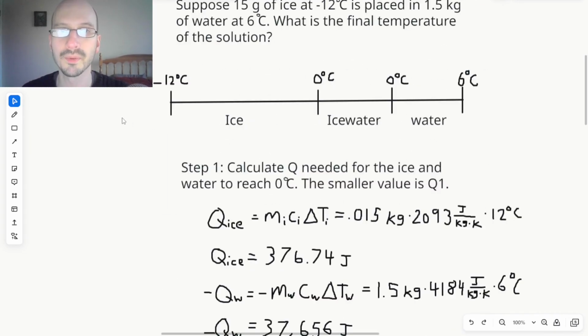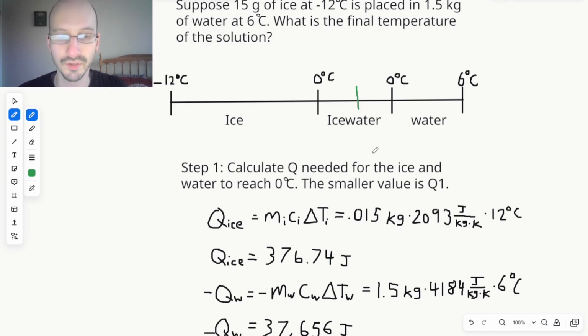Our first step was to find out whether our piece of ice reached melting temperature first or the water reached freezing temperature first. There were three possibilities. Either both substances reached freezing temperature and the answer was 0 degrees, or the water got to freezing temperature, completely froze before the ice got to melting temperature, in which case the equilibrium temperature would be below 0 degrees.